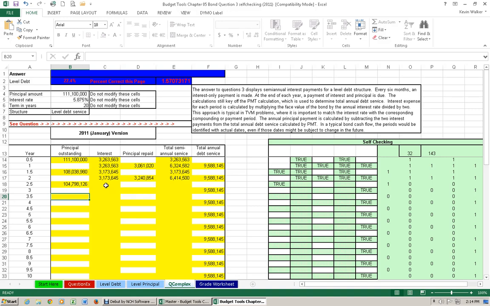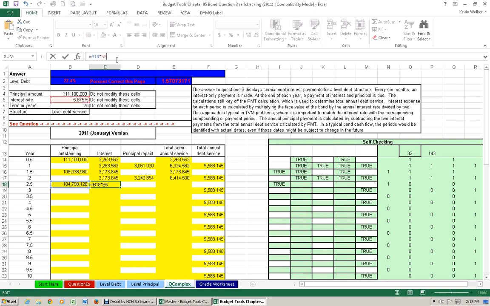Okay? So here, interest rate. Same kind of formula, right? You see this B14, B16. This is going to be B18. All right? Times our interest rate, which is in cell B5.